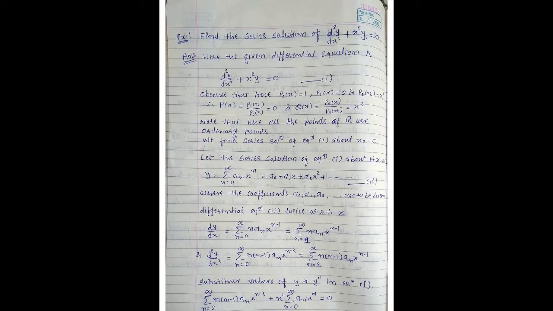That's why we first try to find the ordinary points of this differential equation. We are given d square y by dx square plus x square y is equal to 0. We call that equation number 1.